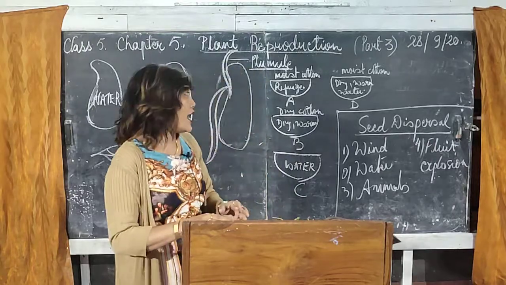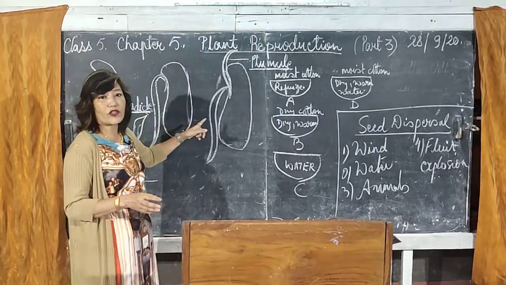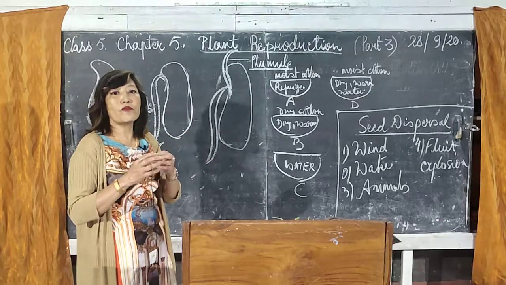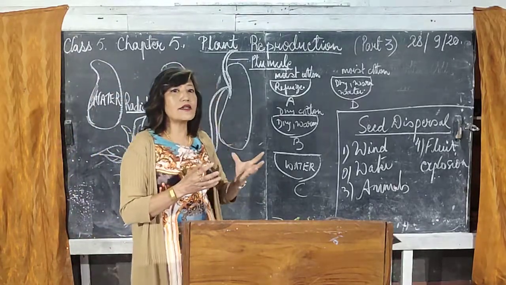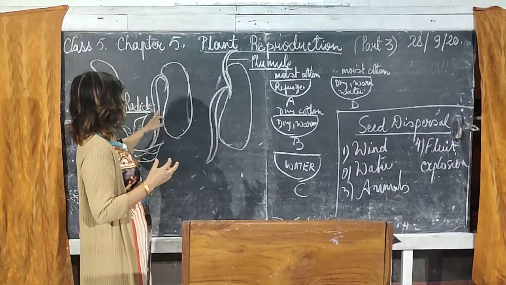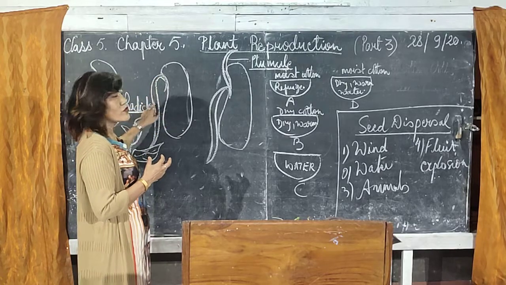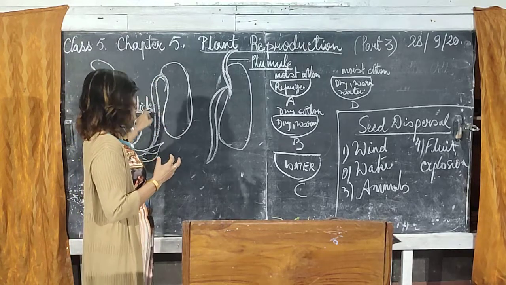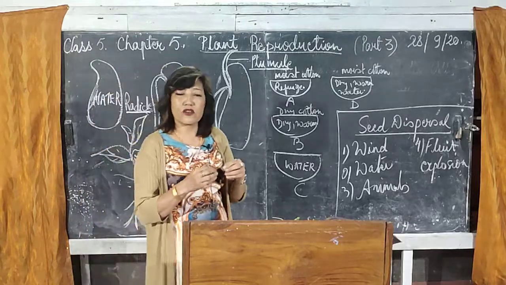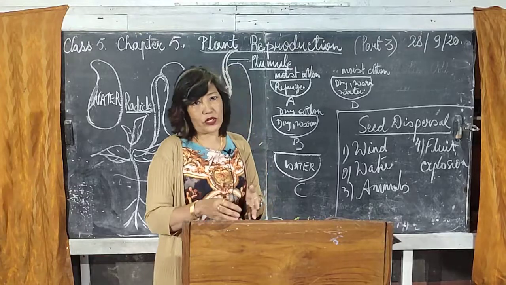Then the seed coat will break open, and the radicle, which is the future root of a plant, comes out and starts to grow downwards, because the root usually grows downwards.